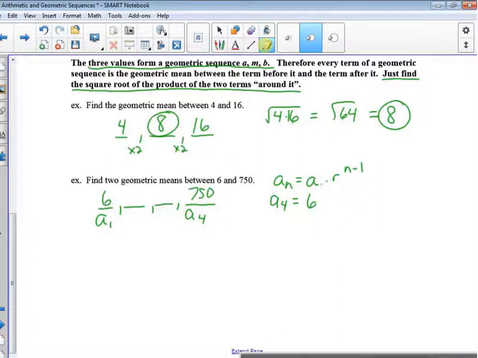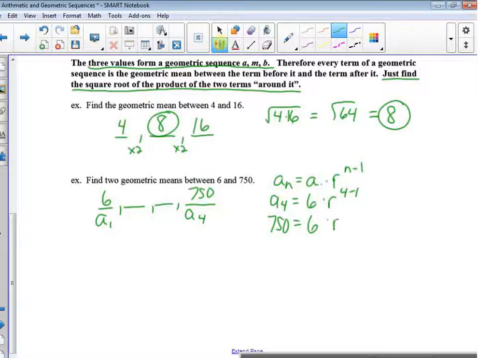That's what I'm looking for. I know n is 4, minus 1. I know a sub 4 is 750, so 750 equals 6 times r cubed. So divide by 6. 750 divided by 6 is 125. So r cubed equals 125, and then take the cube root of 125, and r is equal to 5.